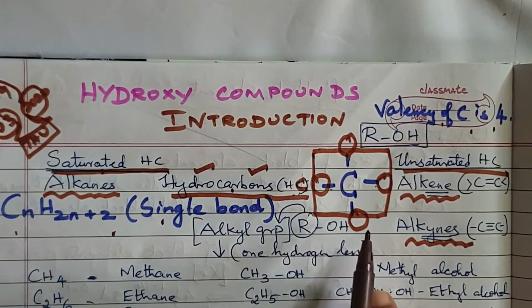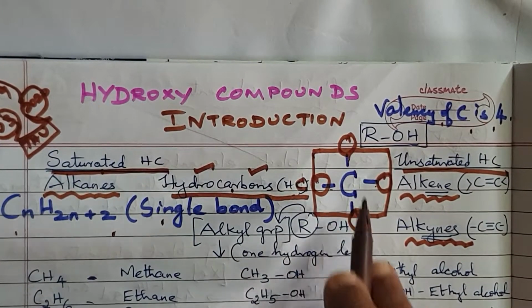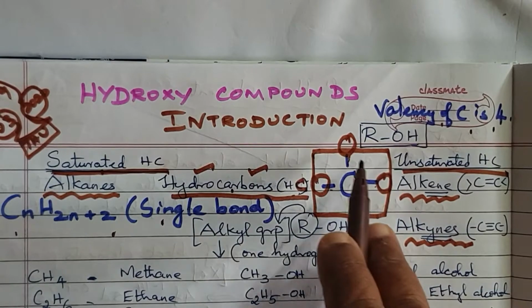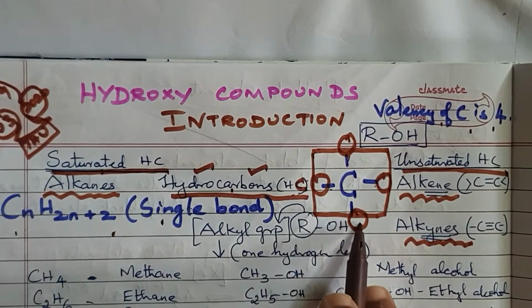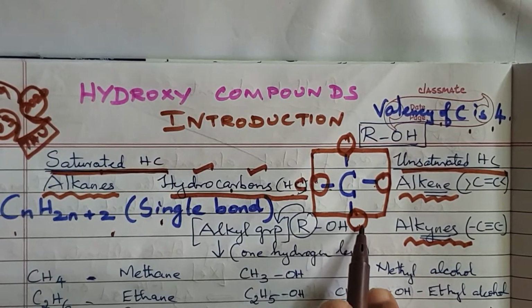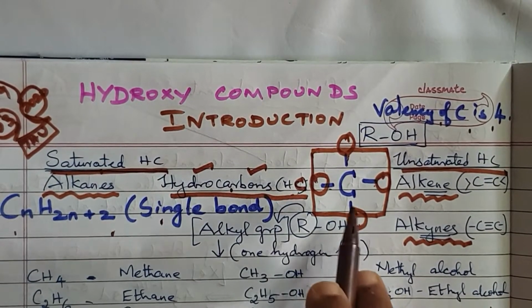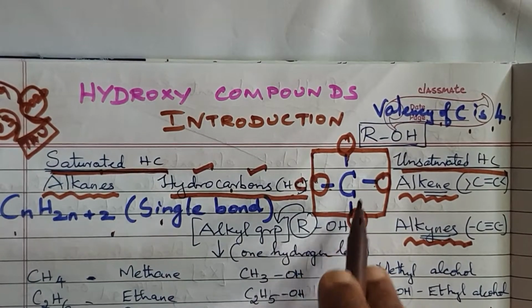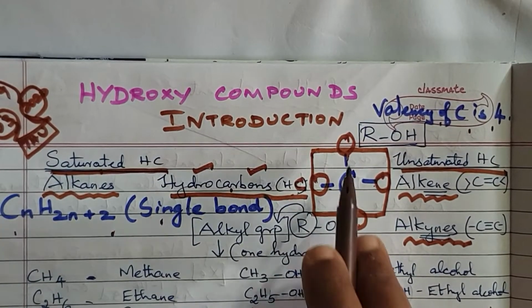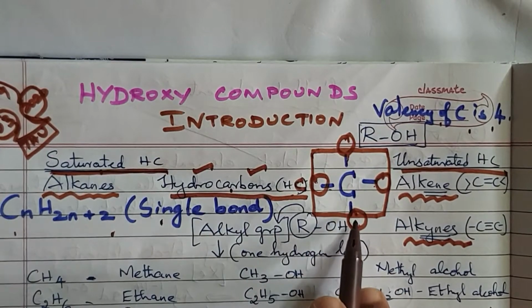These 4 atoms can be carbon, hydrogen, oxygen, or even nitrogen or some other elements. So basically, a carbon atom with 4 single bonds around it comprises a saturated hydrocarbon.